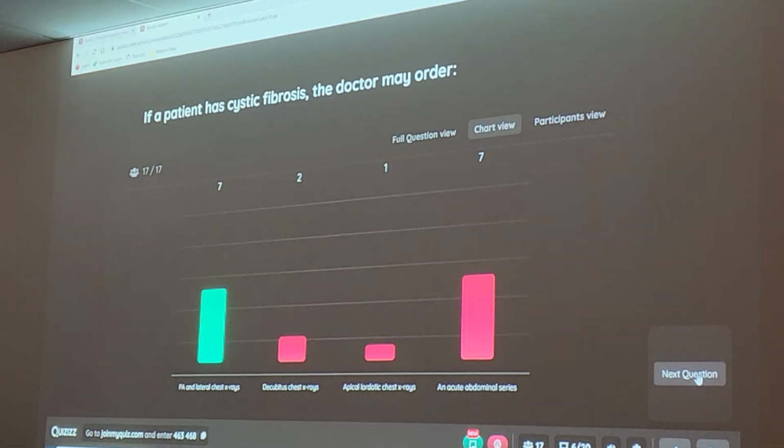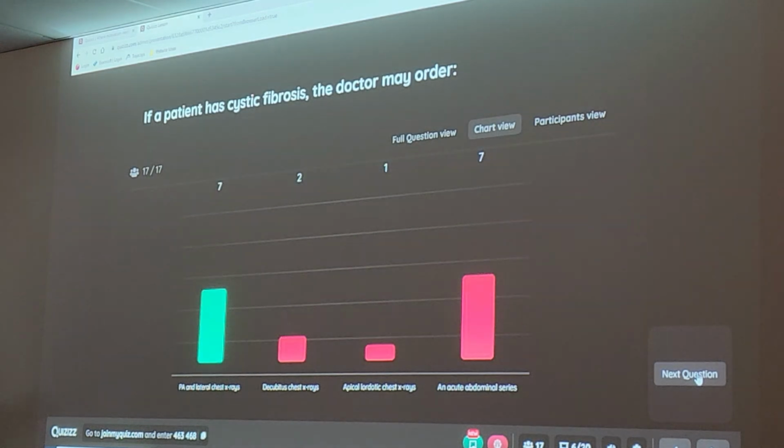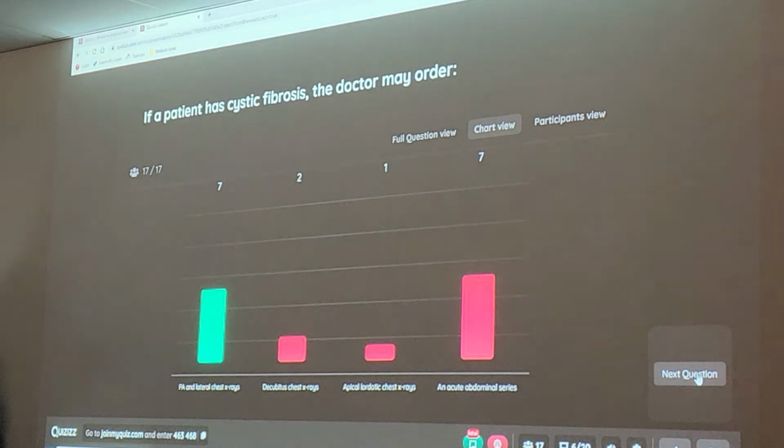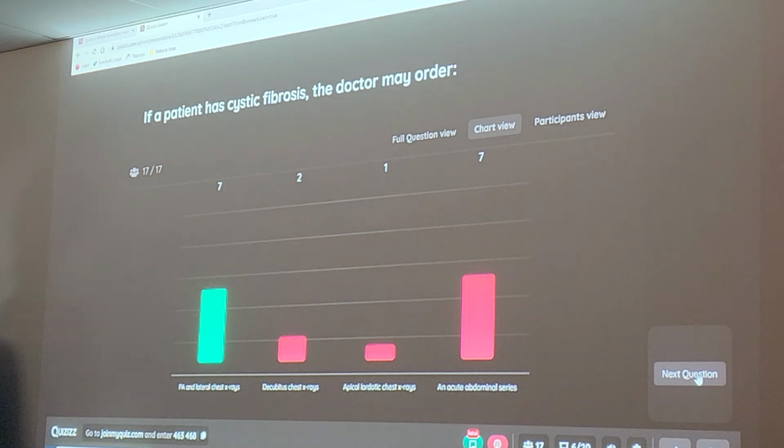Okay, so cystic fibrosis. The views would be just a routine chest, just a PA and lateral chest X-rays. Remember, cystic fibrosis, we're going to be looking up here in the lungs. So we would not be doing an abdominal series. There would be no reason to look at the abdomen.